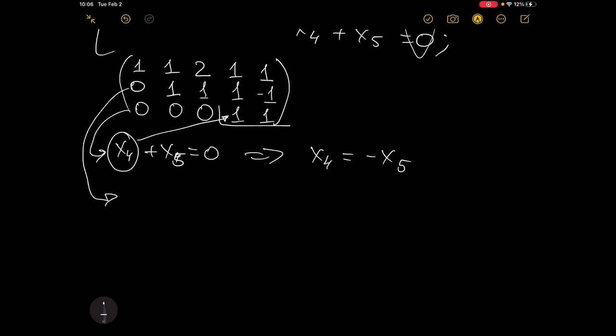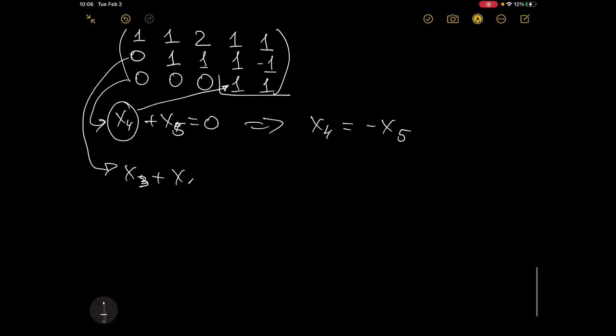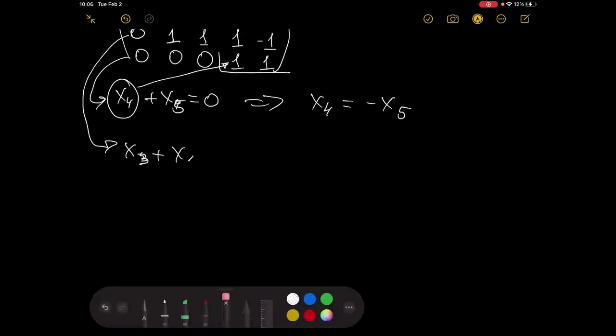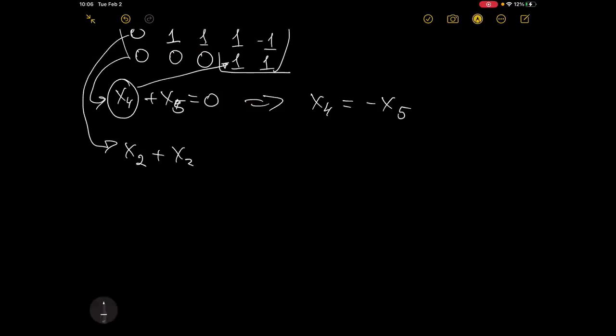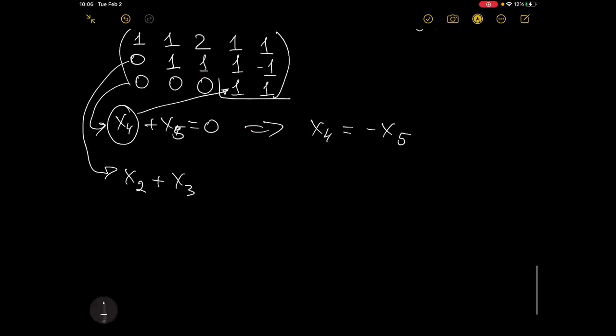Okay, now, so it was this line. In this line, how can I express it? I can write it as x2 plus x3 plus x4 minus x5 equals 0, right? We start from x2.